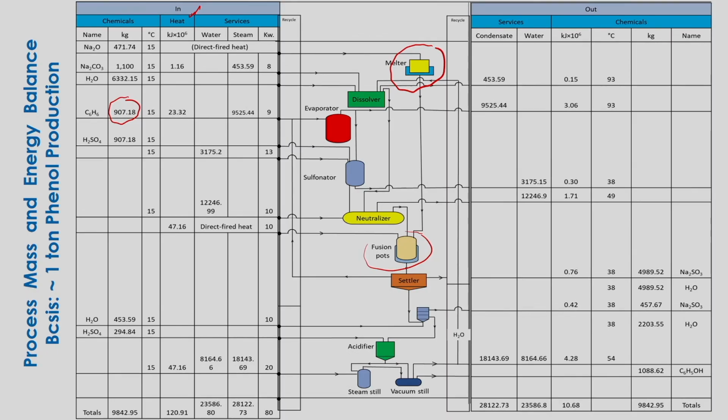So, please go through this slide again to understand the material balance, energy balance, and the respective amount of heat and streams at the inlet and outlet conditions.